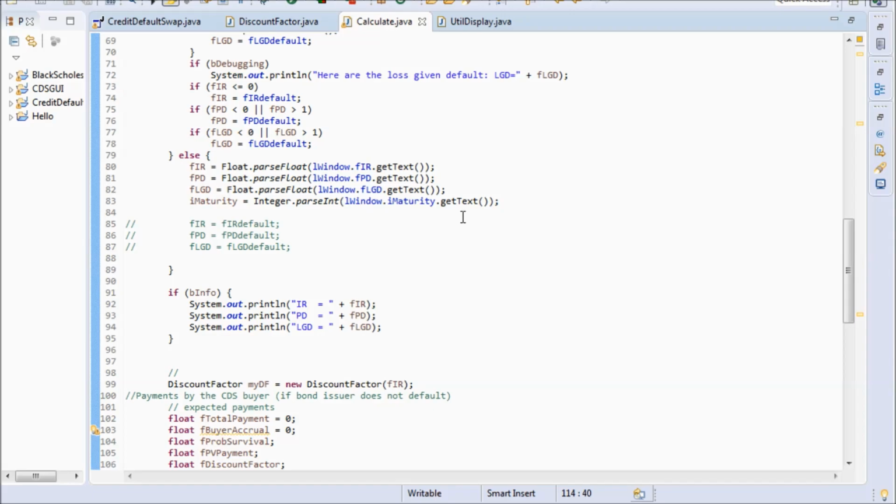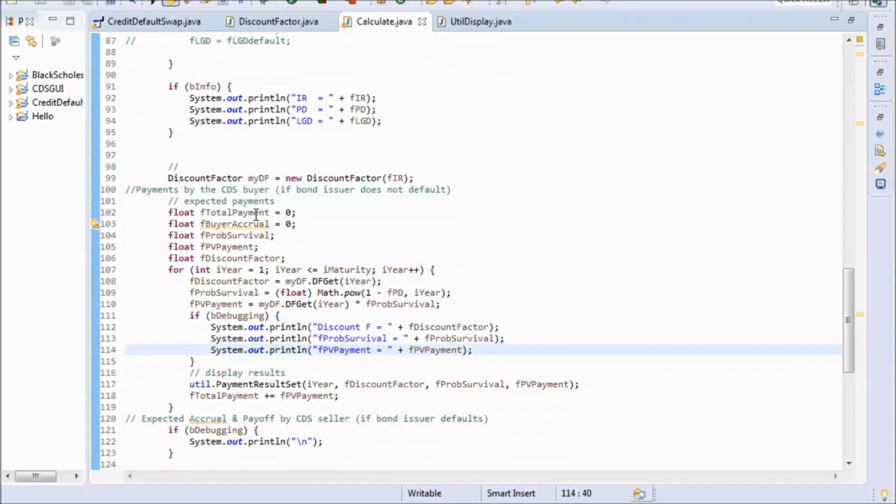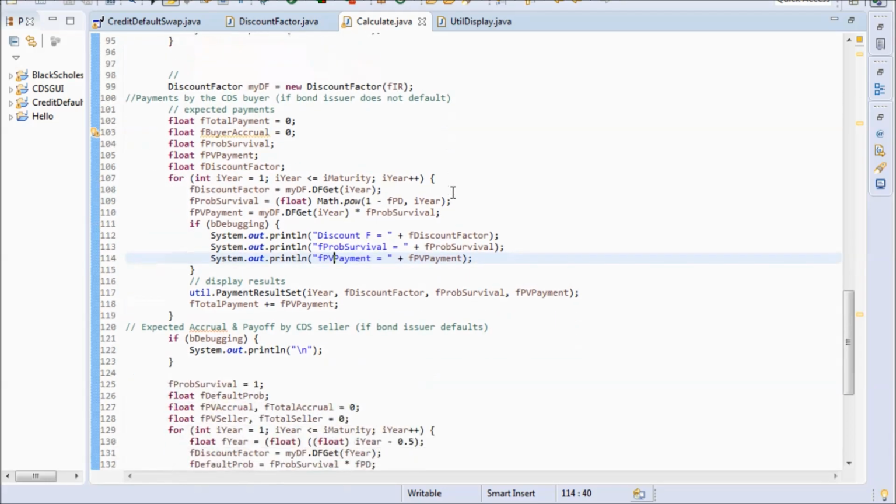Now, let's see my implementation. First, I will receive input from the user for interest rate, probability of default, loss given default, and then maturity. And then I will calculate the PV of payments by the CDS buyer. This is in case the bond issuer does not default.